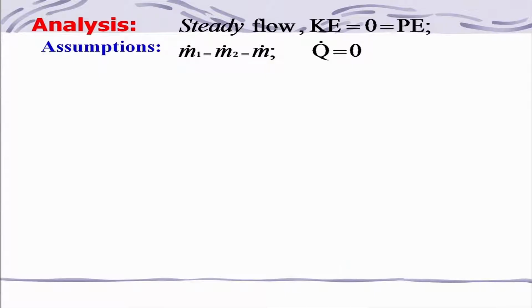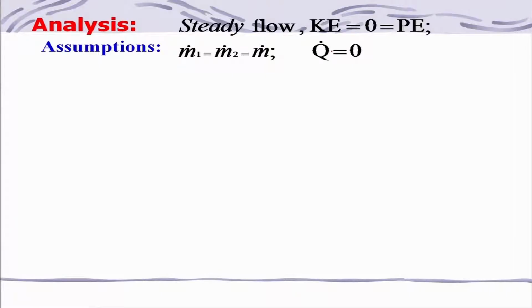That means steady flow, so by applying the mass conservation equation, we can say the mass flow rate at the inlet, station 1, is equal to the mass flow rate at the exit, station 2. And we are saying the change in kinetic energy and potential energy is 0, but not all the time.